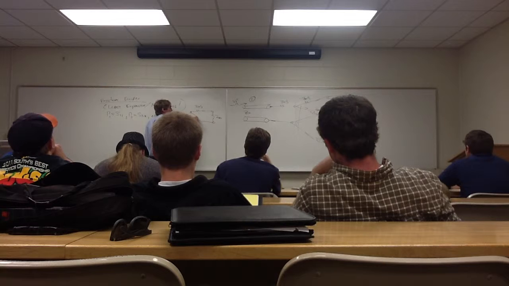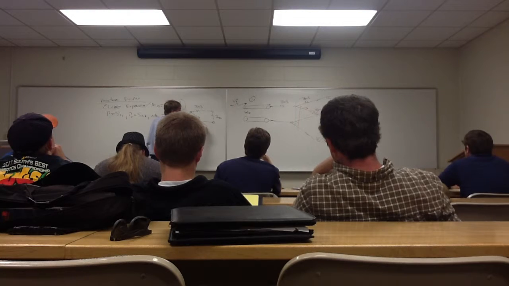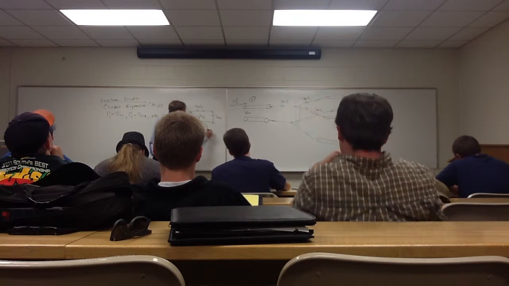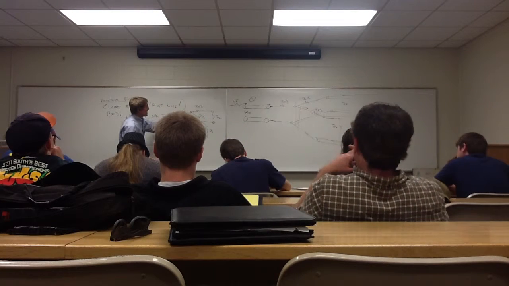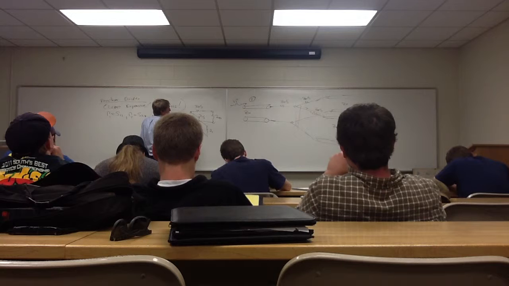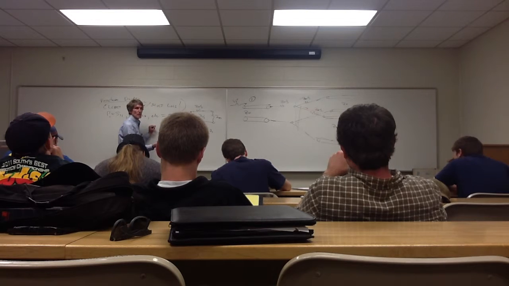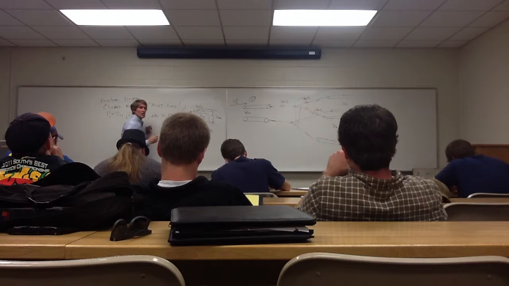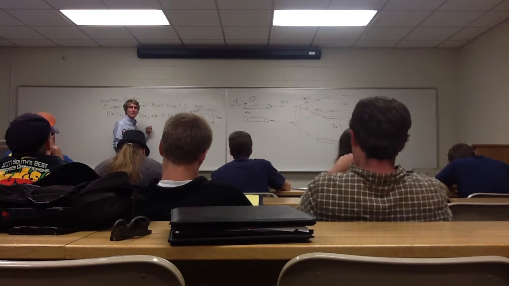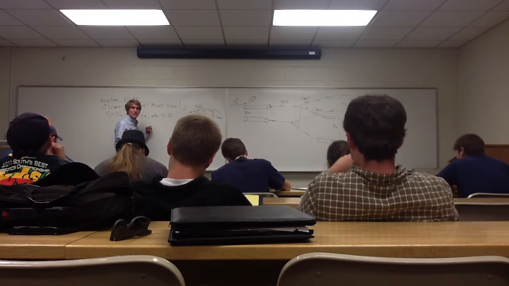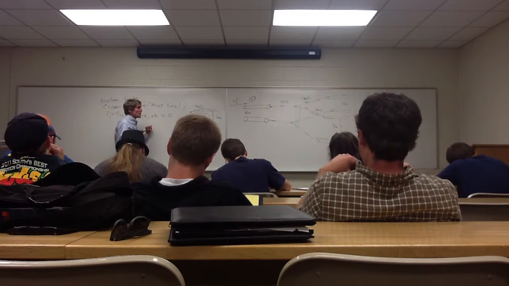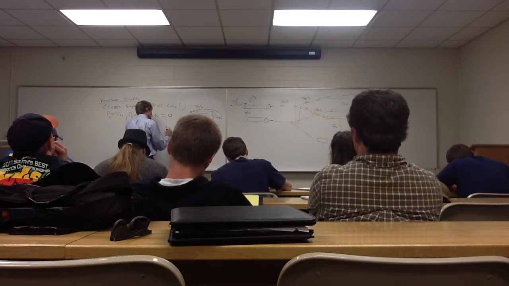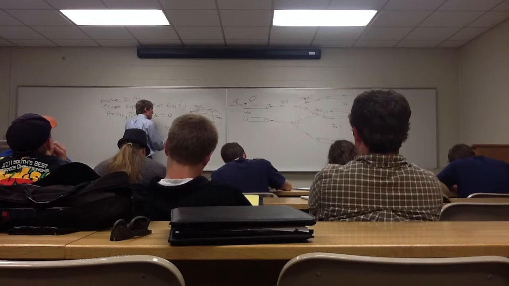Now I've got the same system, and the only thing that's happening here is I have Z naught over 3 and Z naught. Well, what's the net impedance going into this section right here? Take one look at it. What would it be? Just these two right here. It's going to be 4/3 Z naught, right?